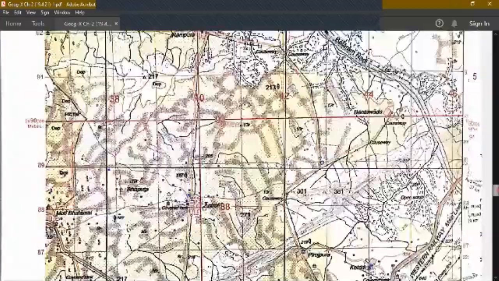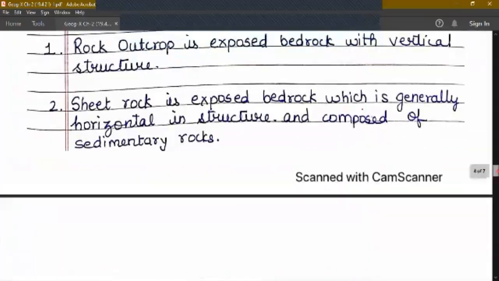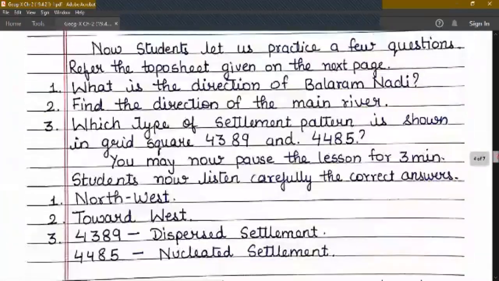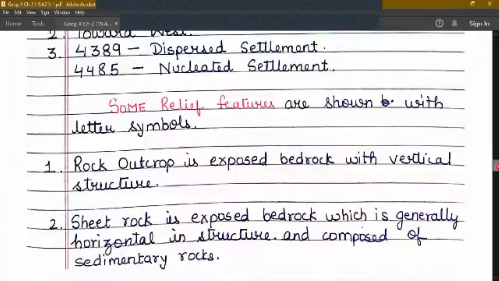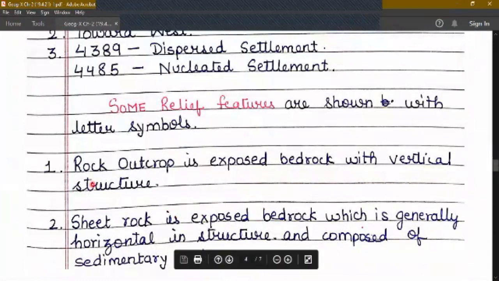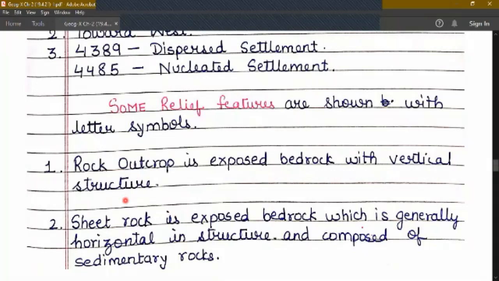Now children, let us resume the topic and discuss some relief features, which are represented on a topographical map with certain letter symbols, like the rock outcrop. A rock outcrop is exposed bedrock with vertical structure.